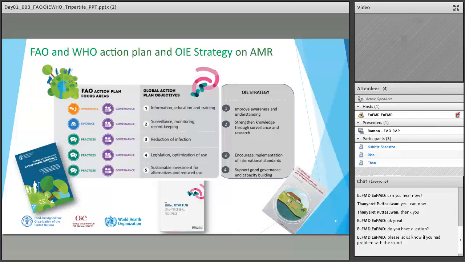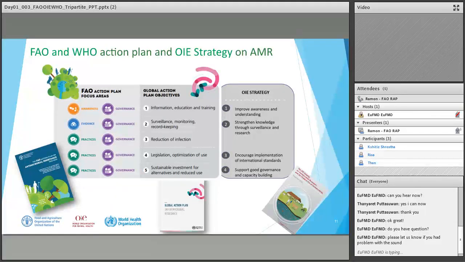The first one is information, education, and training. The second one is surveillance and monitoring. The third one, reduction of infection. And the fourth one is legislation and optimization of use. And the fifth one is sustainable investment for alternatives and the reduction of antibiotic use.